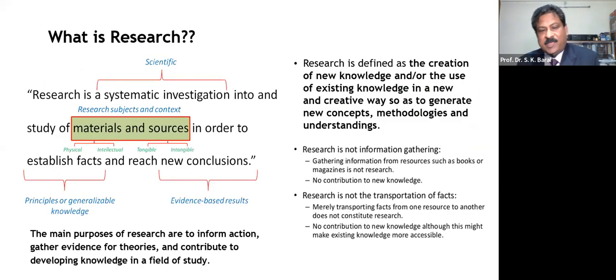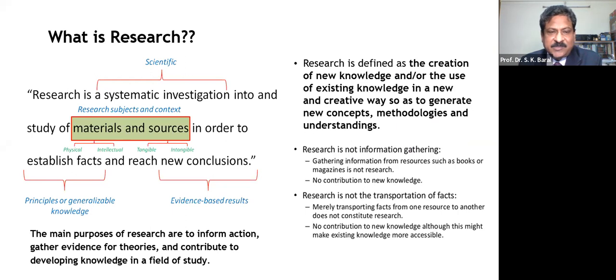With this, I'll be starting very carefully. We must understand from the beginning that research is a systematic investigation, whether it is a review paper or a research paper. It is a systematic investigation into and the study of materials and sources. Materials may be physical, materials may be intellectual, and sources may be tangible, may be intangible.